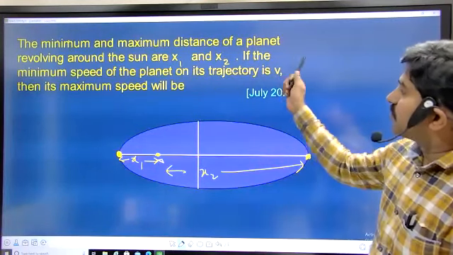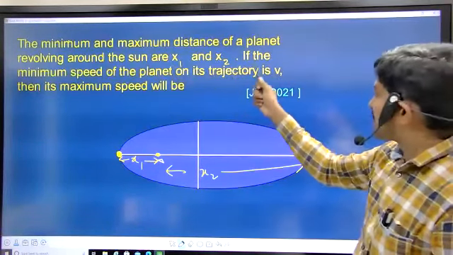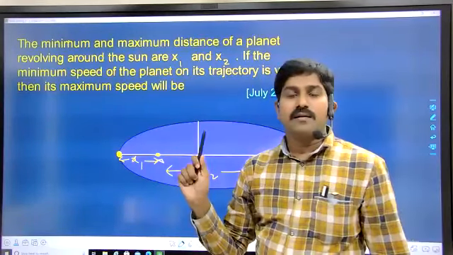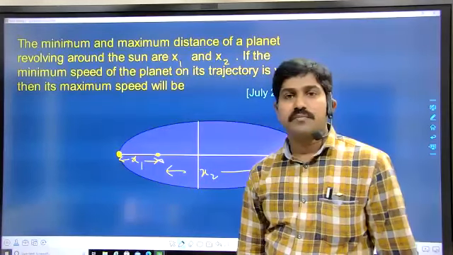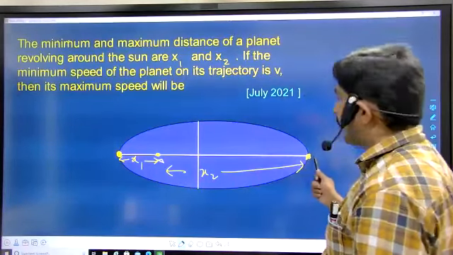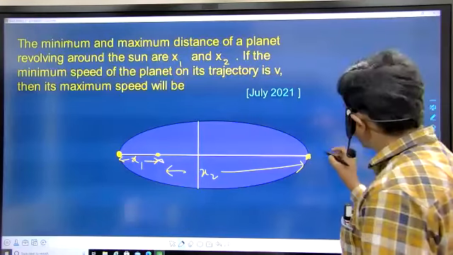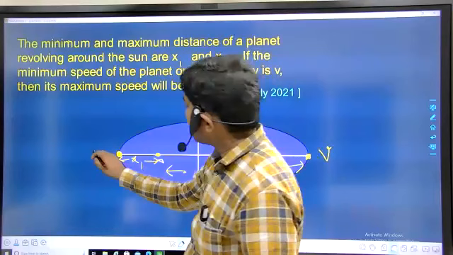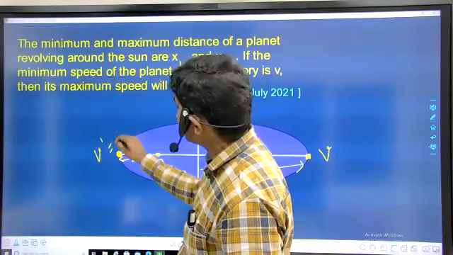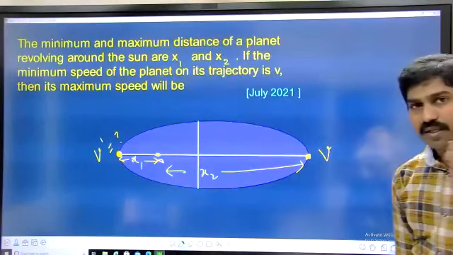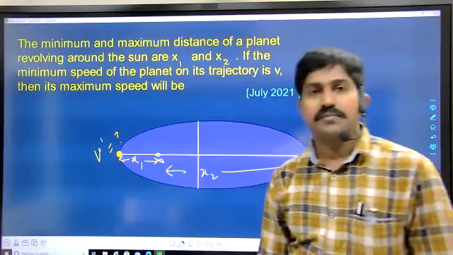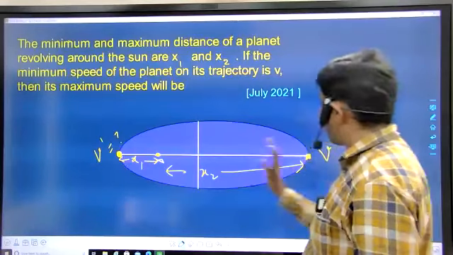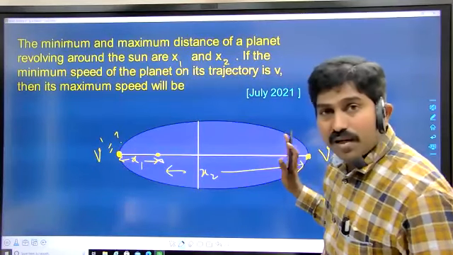If the minimum speed of the planet on its trajectory is v, when will the planet have minimum speed? Whenever it is at the largest distance. So here the speed of the planet will be v, and here they are asking for the speed of the planet. I hope all of you understand the question. According to the question, the minimum distance, maximum distance and minimum velocity are given.